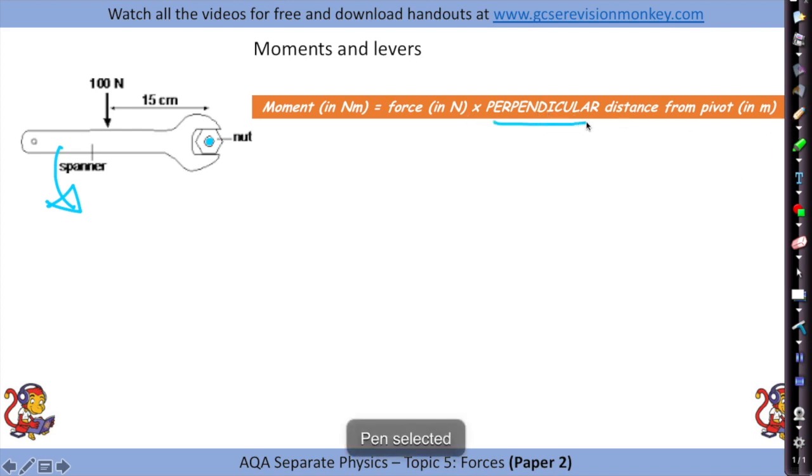Now perpendicular distance from the pivot means it's basically a straight line, 90 degrees to the direction of the force that's being applied. So the force is being applied downwards. The perpendicular distance is this distance here, and of course that wants to be in meters, so you'd convert your 15 centimeters into 0.15 meters.